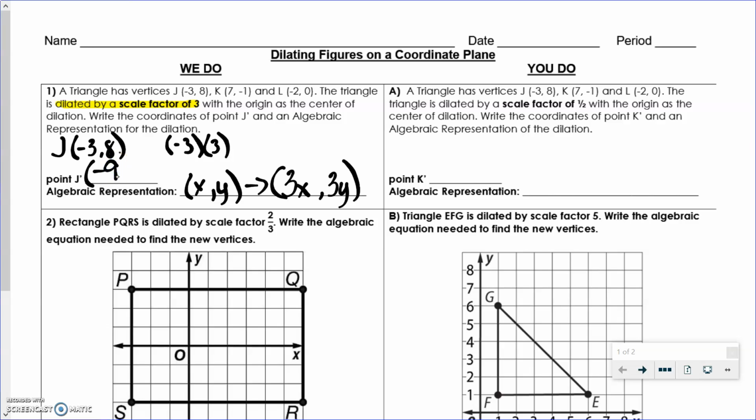And then I'm going to do 3 times 8. And that gives me my y value, and that's 24. So remember, this is your x, and this is your y. So I have my point of J prime, which is now negative 9, 24 because we multiplied by a scale factor of 3. And since I multiply by a scale factor of 3, we know this is an enlargement.